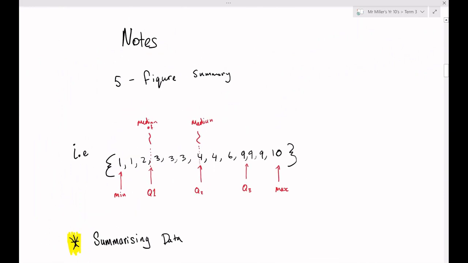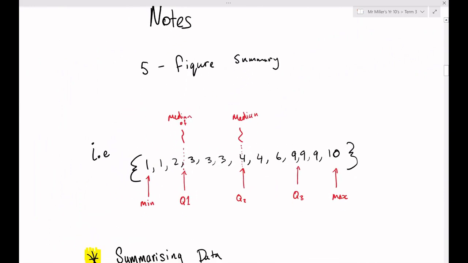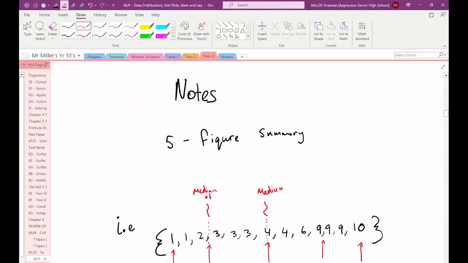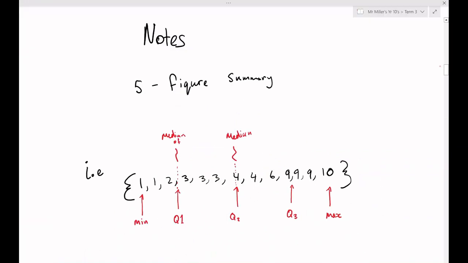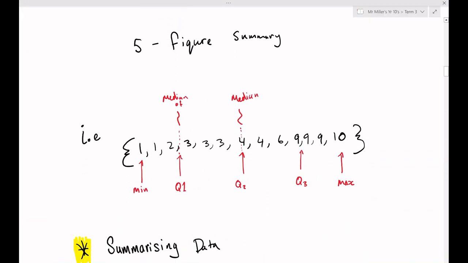The 5-figure summary. I didn't actually finish writing these notes. So 5-figure summary, we have our minimum, which is the smallest, quartile 1. This is the median of the lower half. And the quartile Q2, that's the median of the full set of data.